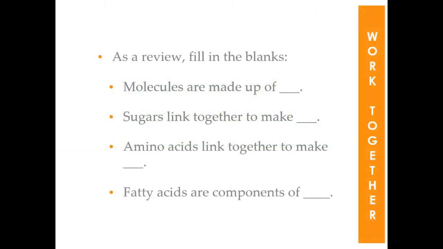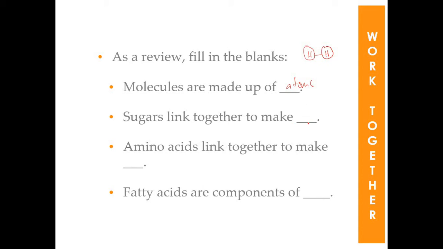Okay, so as a review, let's fill in the blanks together. Molecules are made up of atoms. You have one hydrogen atom. It can make a hydrogen molecule if it bonds with another hydrogen atom. So it's now a hydrogen molecule.